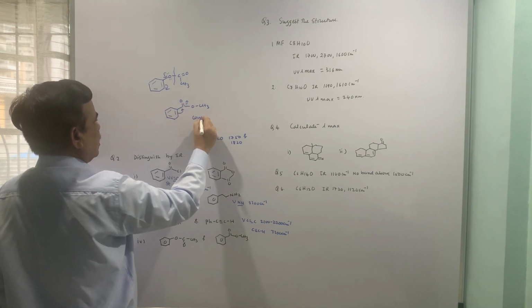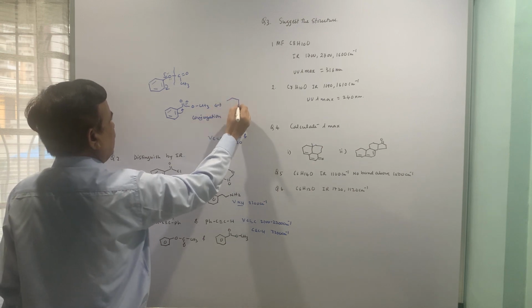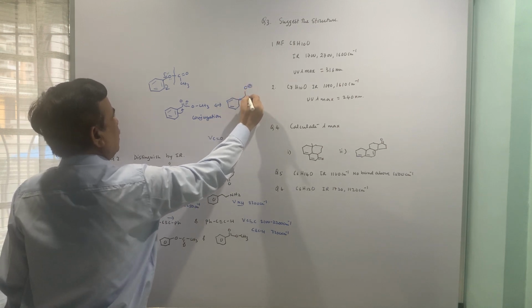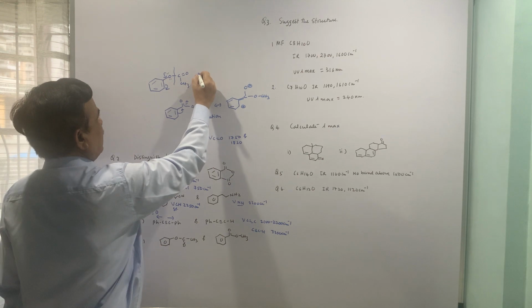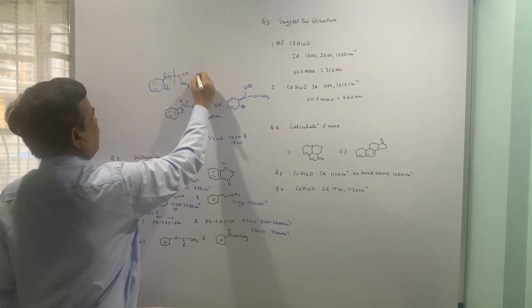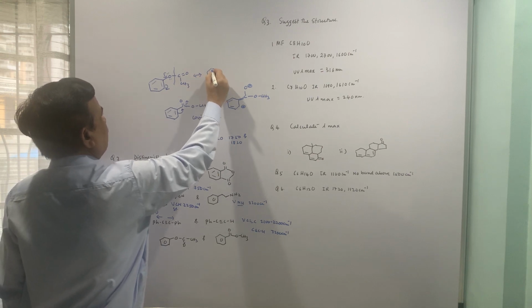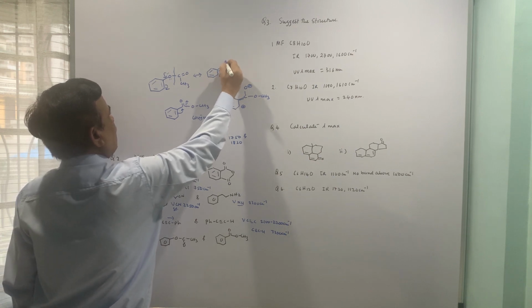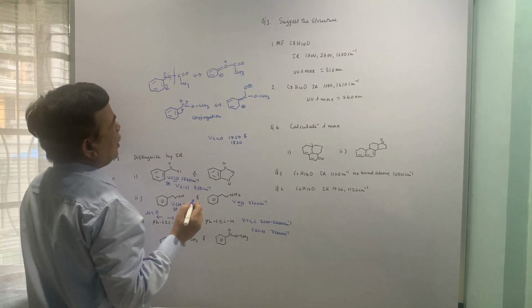Now, here conjugation is there, and you can draw the resonating structure, putting plus charge inside the ring, and as a consequence of this, the bond order is becoming 1 instead of 2, whereas in this case, if I show the resonating structure, negative charge will be here, O plus COCH3.